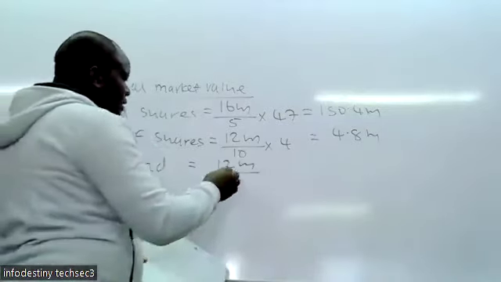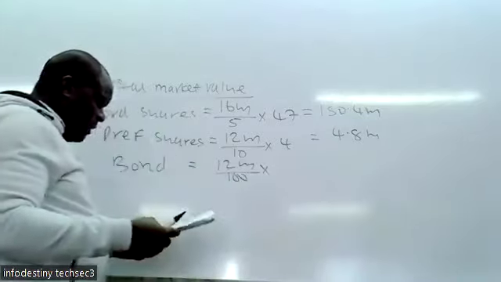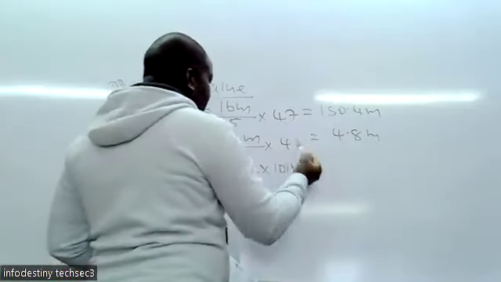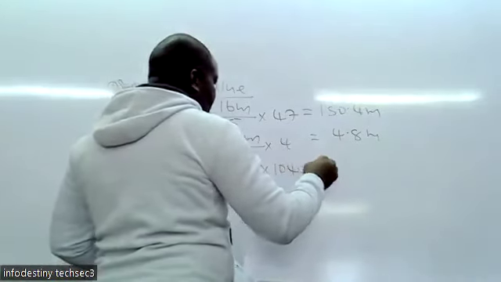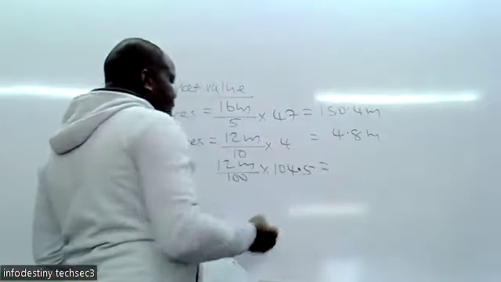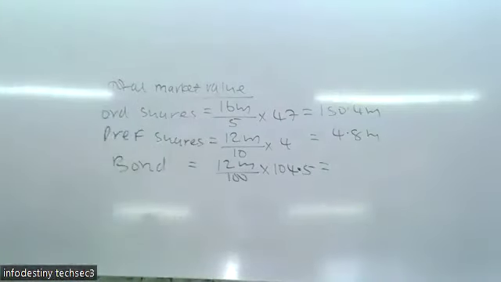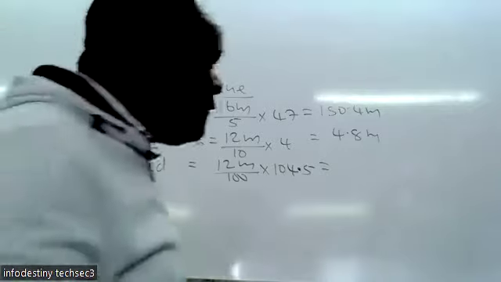The par value was 100, but they are currently selling at 104.5. So what value does it give you? $12.54.